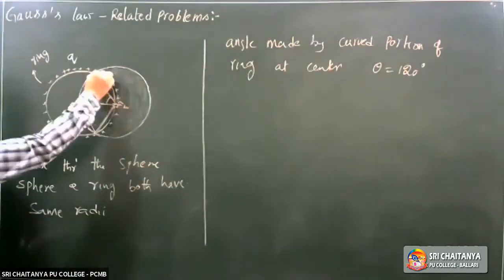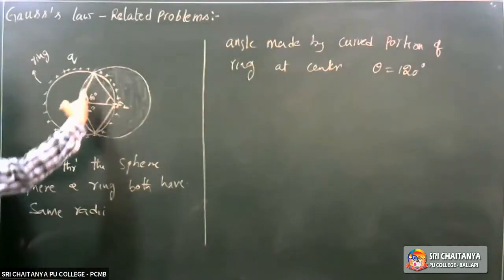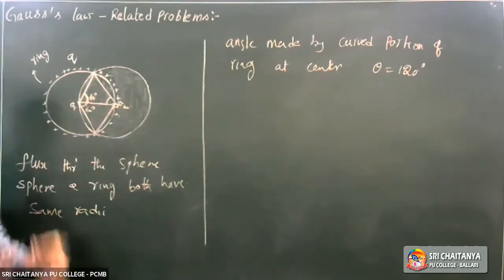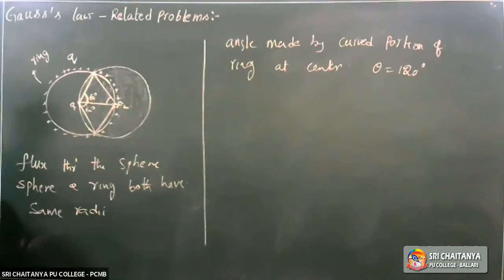So the curved part of the ring which makes an angle of 120 at the center is inside the sphere. That is the meaning, right?